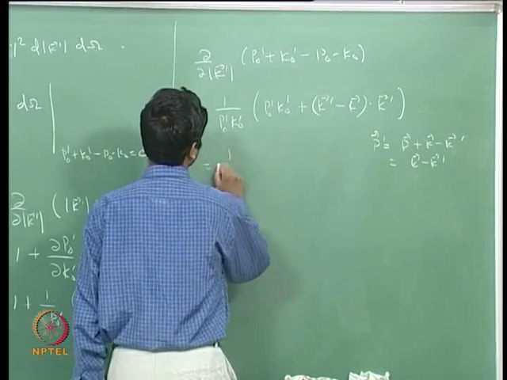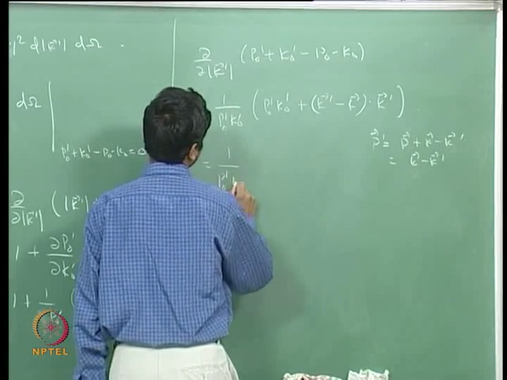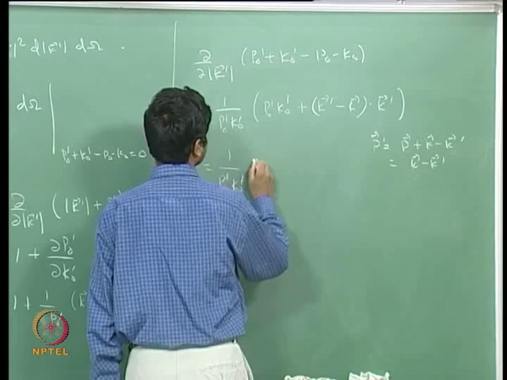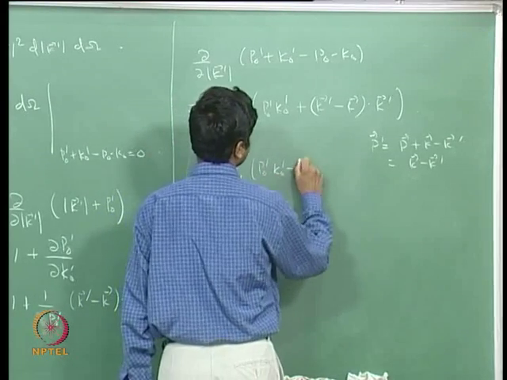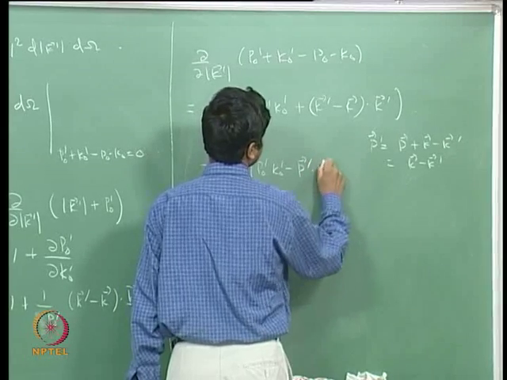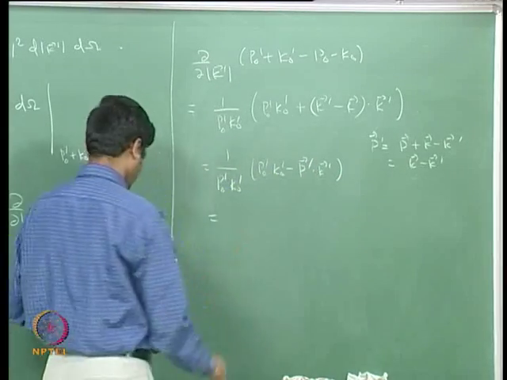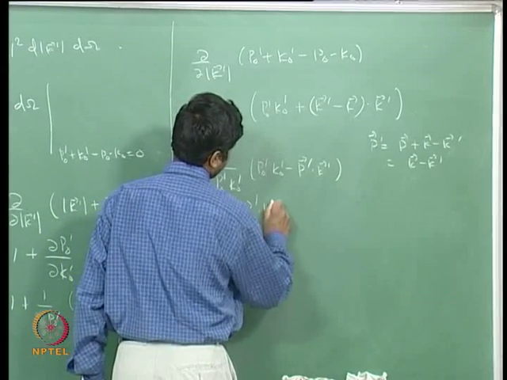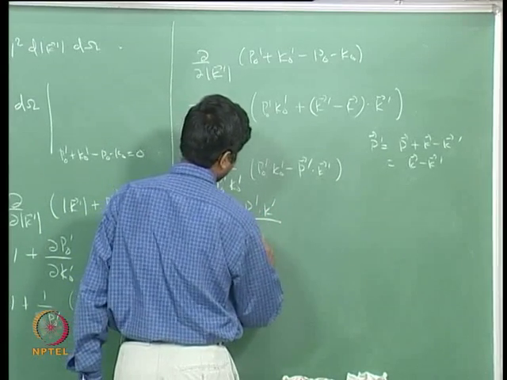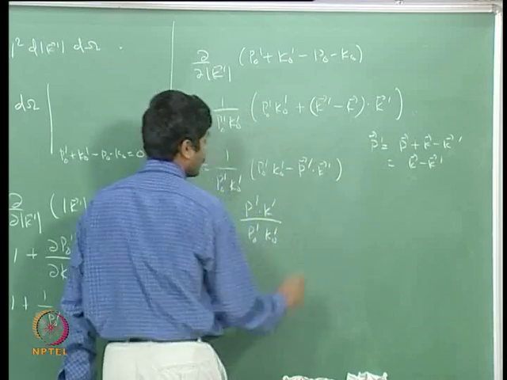So, this is 1 over p0 prime k0 prime times p0 prime k0 prime minus p prime dot k prime. Therefore, this is equal to p prime dot k prime over p0 prime k0 prime.